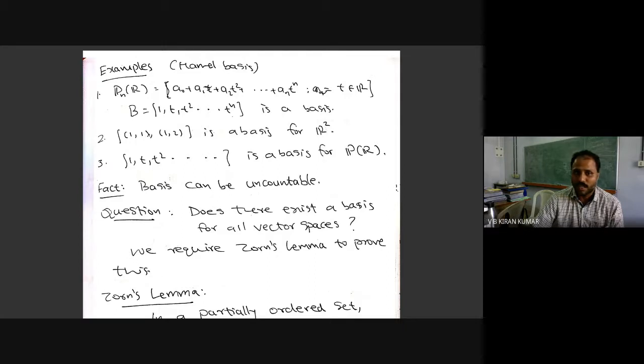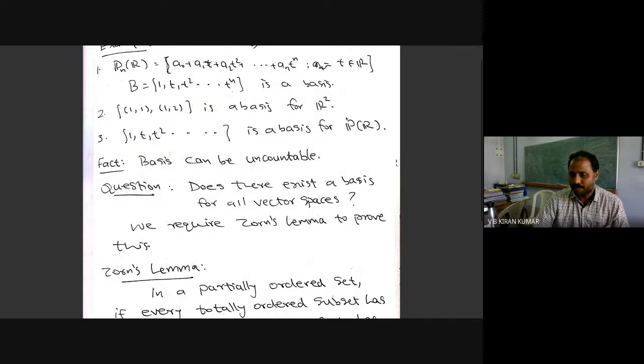Of course, vectors of this form are also a basis. And for P(R), I mean the set of all polynomial functions, we have 1, t, t square, etc. can be a basis. So we have seen that the basis can be finite, and a basis can have infinitely many elements also, right? This is an example of a countable basis. Now the fact is that a basis can be uncountable also. I will come to that.